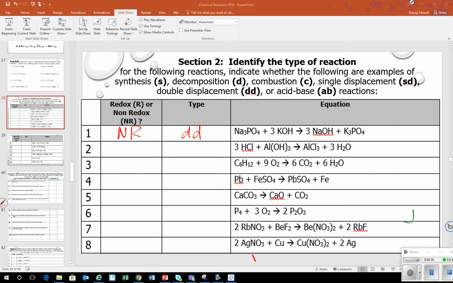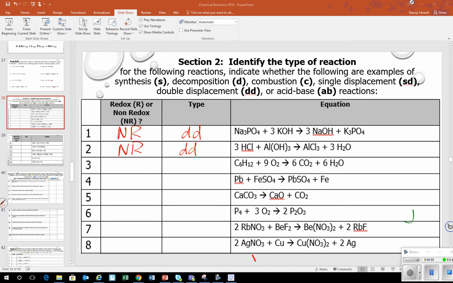Okay, next one. Compound, compound, new compound, new compound. Double displacement. Redox or non-redox? Okay, next one. Carbon compound plus oxygen yields carbon dioxide and water. Is it single displacement?